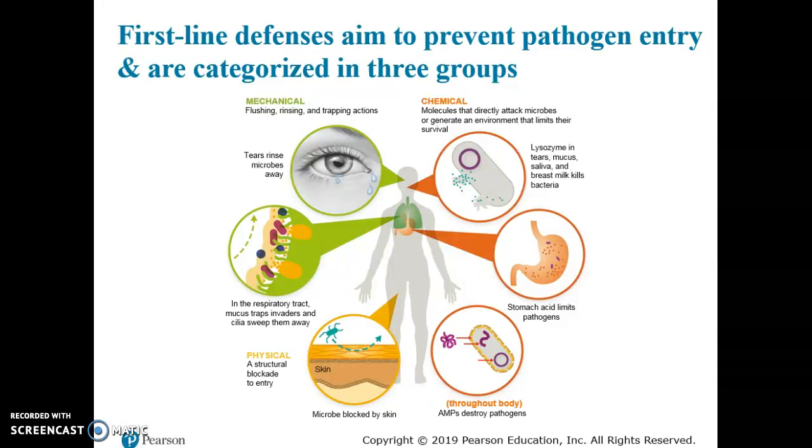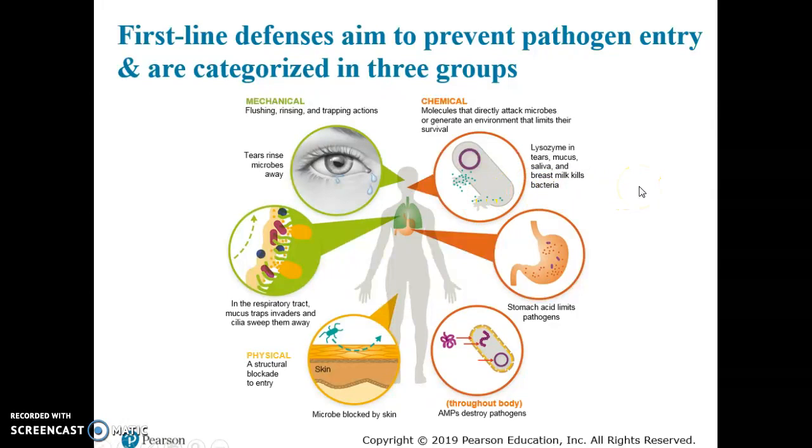Lysozyme is going to target the peptidoglycan of bacterial cell walls. You can see here that the blue is the lysozyme, and it's targeting the cell wall to allow for holes to be created in this bacteria. And then you have lysis, and that cell's going to die.